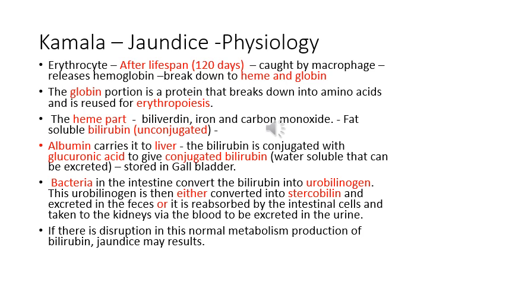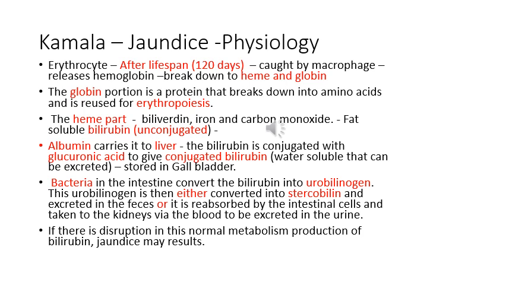Once it is conjugated, it is usually stored in the gallbladder, and whenever needed, it's released into the intestines. The bacteria in the intestines convert the conjugated bilirubin into urobilinogen.